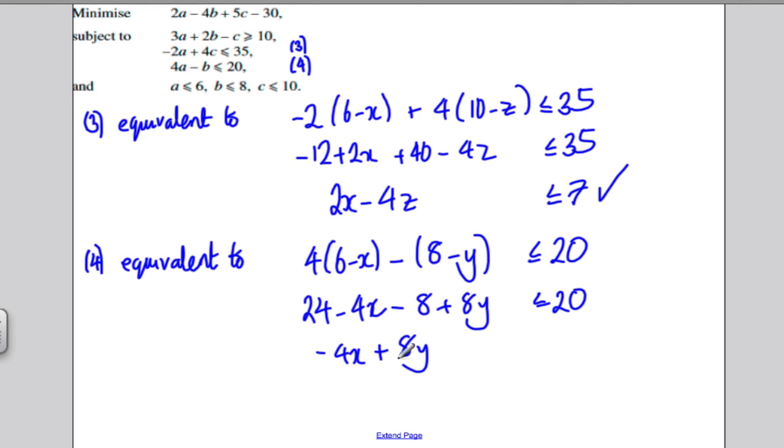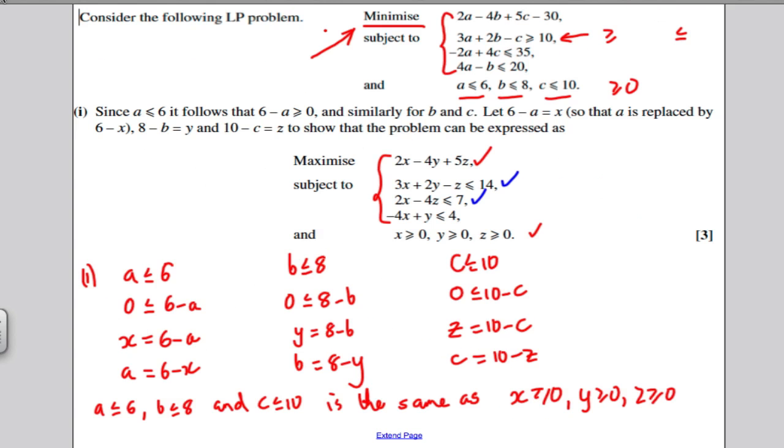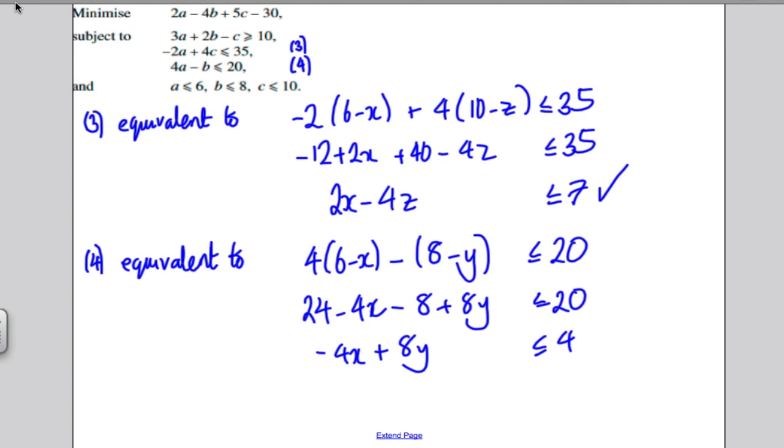And then you get 24 minus 8, 16. And subtract 16 off both sides, you would get less than or equal to 4. You could divide everything by 2, just checking back at the exact answer. They don't want you to divide it. Oh, sorry, going back here, sorry. When I expanded this out, this should be minus 8 plus y, my apologies. And that would have been your final inequality that you want to show.